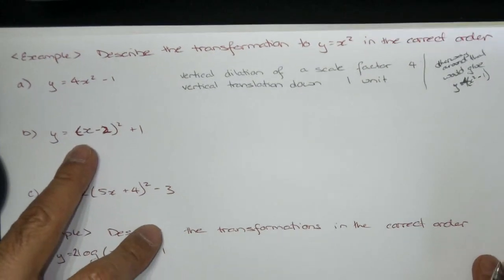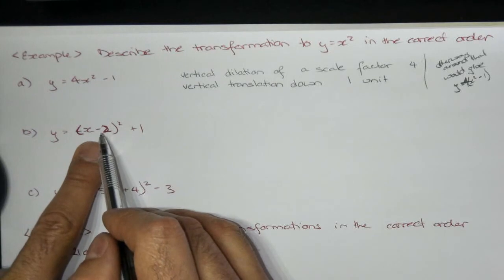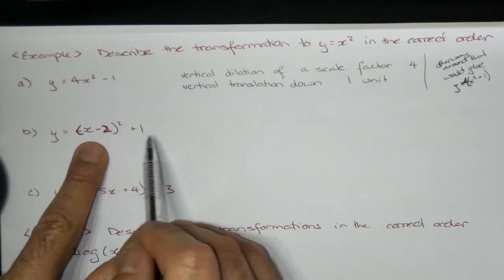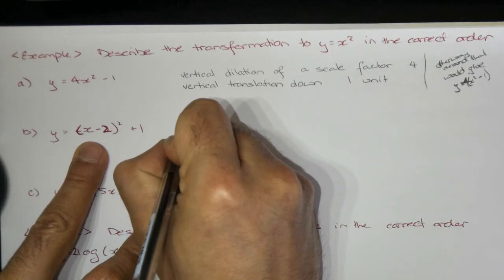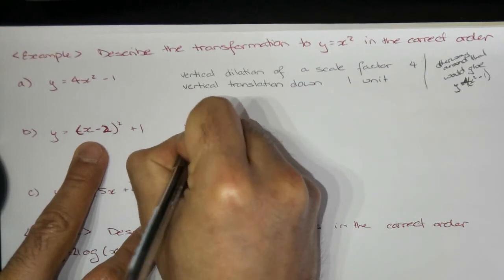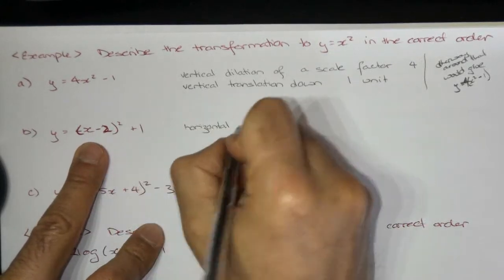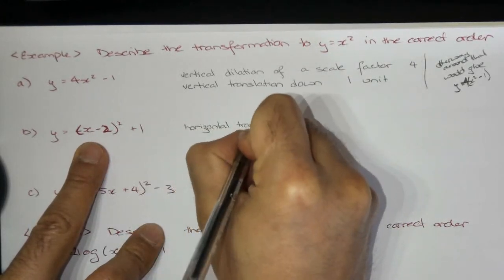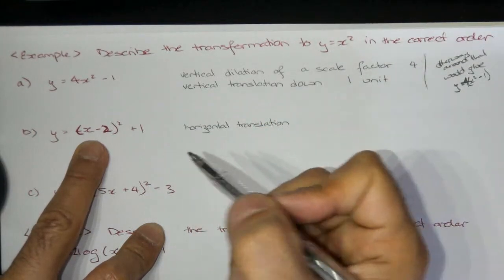Here we've got a horizontal translation and a vertical translation. So it doesn't really matter which one we do first. So let's do the horizontal. So B before C, horizontal translation, and we're going to the right.